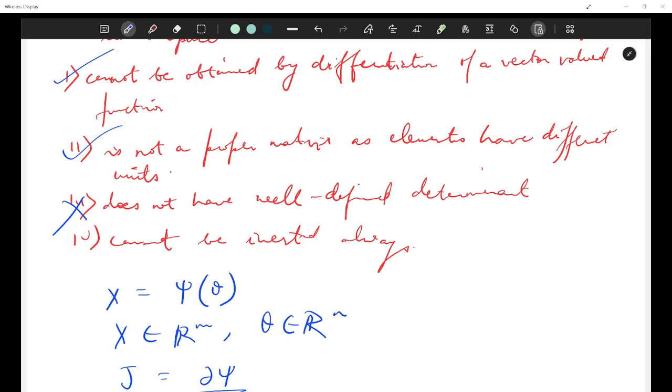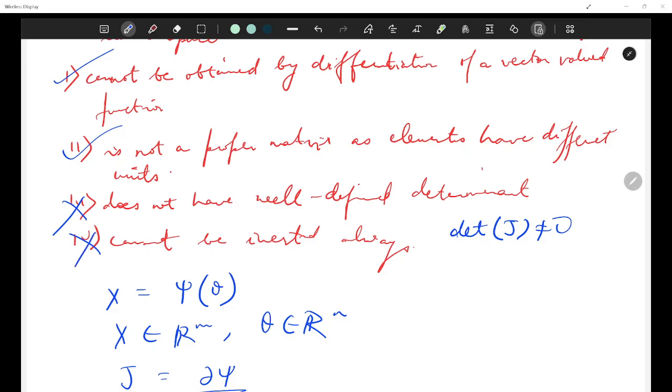It can be inverted if the determinant of J is not equal to 0, so it can be inverted sometimes. The statement that it cannot be inverted always is wrong. It is technically true in a trivial sense, but it is not a defining property of the spatial Jacobian. Even true Jacobians cannot always be inverted. Singularities can occur, so this is not a special property. Therefore, option 4 is not correct.